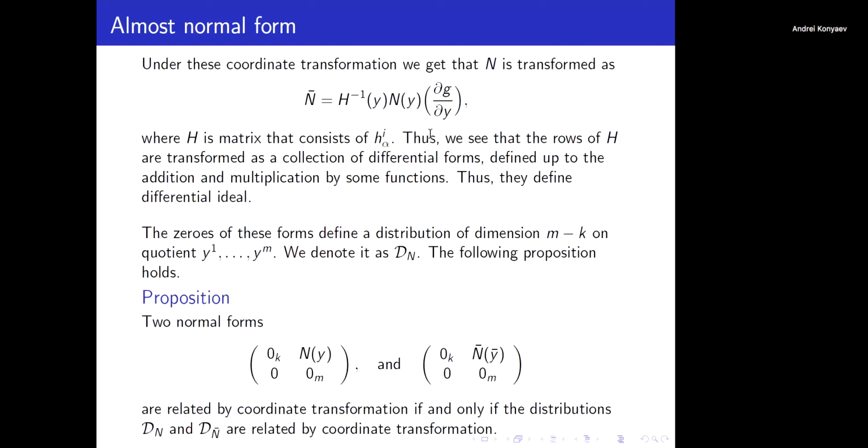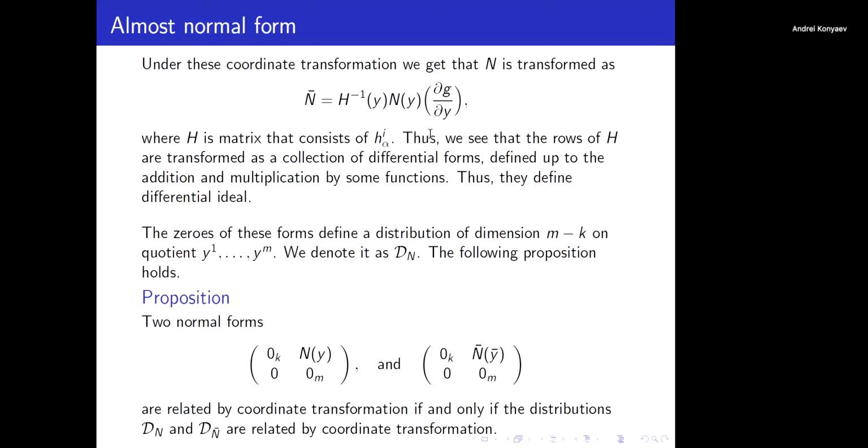If we take a close look at this formula, we see that the rows of matrix n are transformed as differentials. And this H matrix on the left side corresponds to the changing of the basis. So basically the rows of n are differential forms, not necessarily closed, just differential one-forms. And what we can do is replace the collection of forms with forms which are obtained from these by multiplying by some functions and by taking linear combinations.